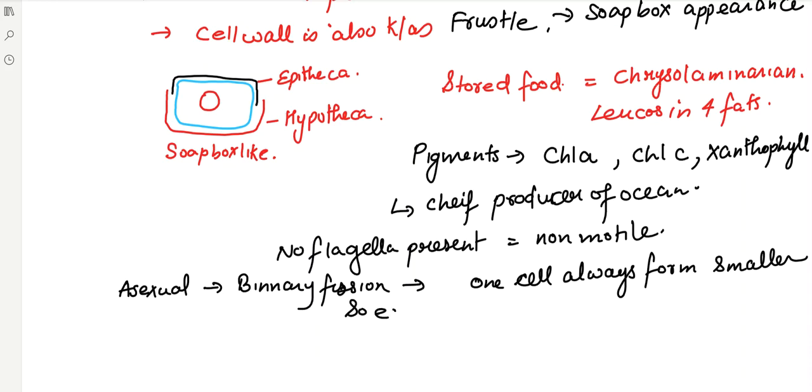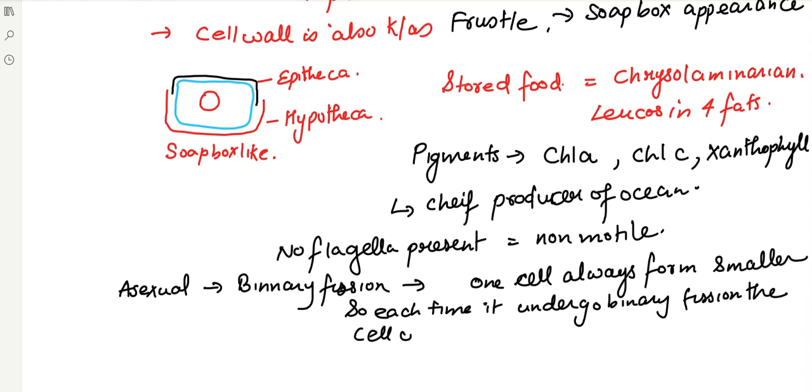Each time it undergoes binary fission, the cell will get smaller. Let us give you an example. Just imagine the size of the epitheca is 10 and size of the hypotheca is 12.